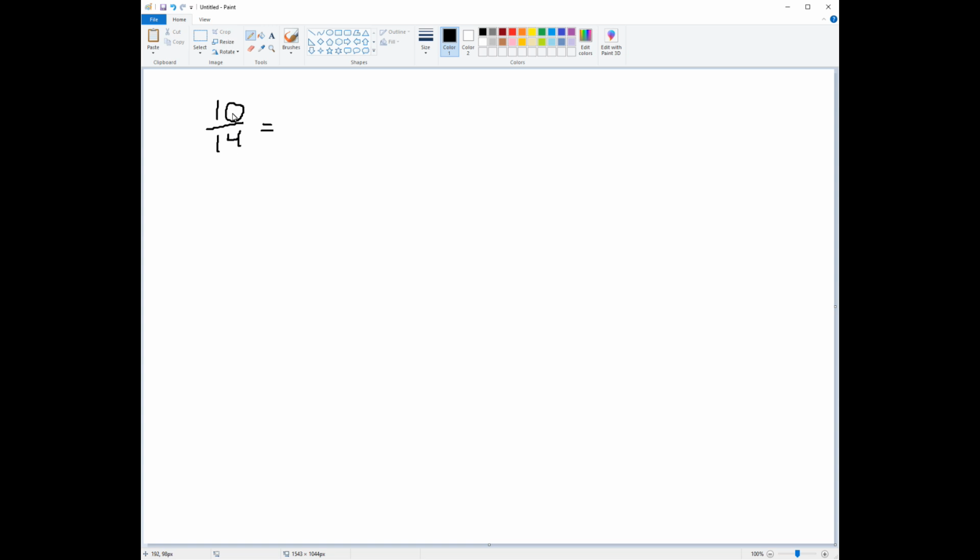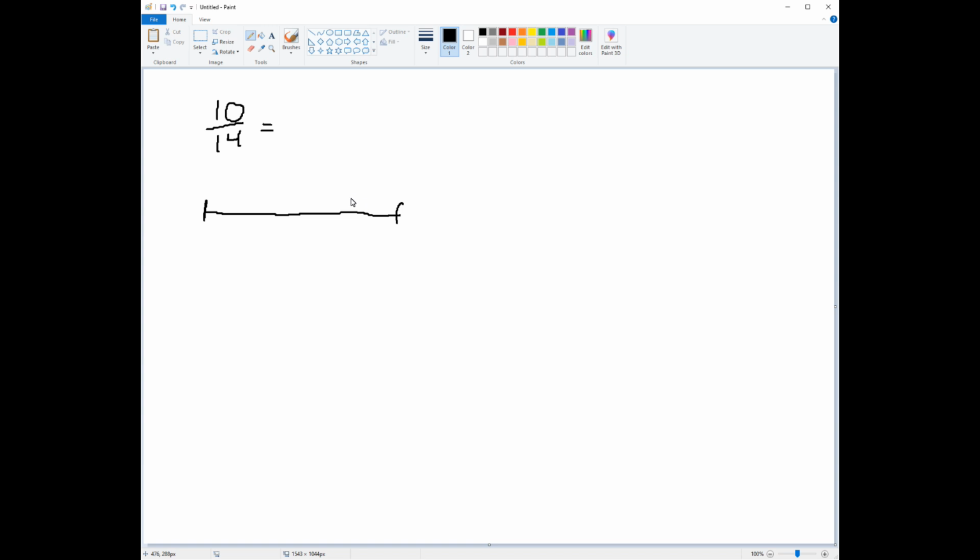And because 10 is smaller than 14, we know this is going to be less than an hour, because this is what you can run in 1 hour. So you could kind of illustrate this by saying we start here, we start running, and we only stop when we get to the hour. So let's say we stop here.